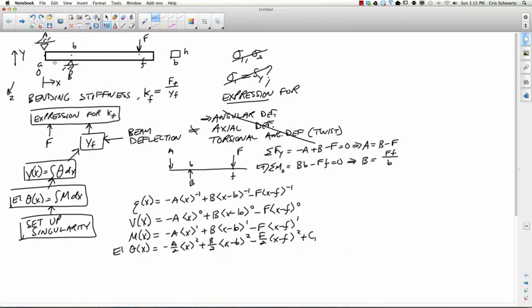Now if we look at this beam that we have, there are no constraints or boundary conditions anywhere on angular deflection, so we can't do anything with that C1 yet. We'll take it down to the next step of deflection. This is where you have to be very careful to make sure all your constants of integration are being taken care of correctly.